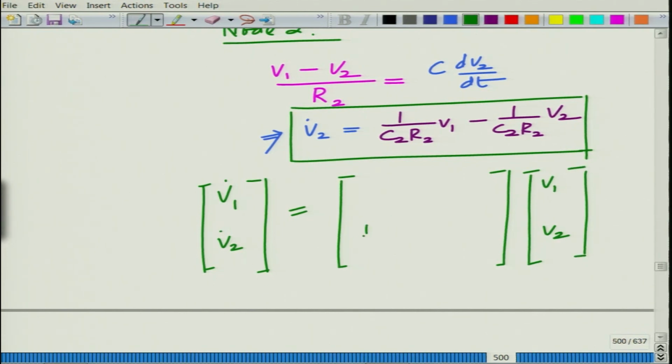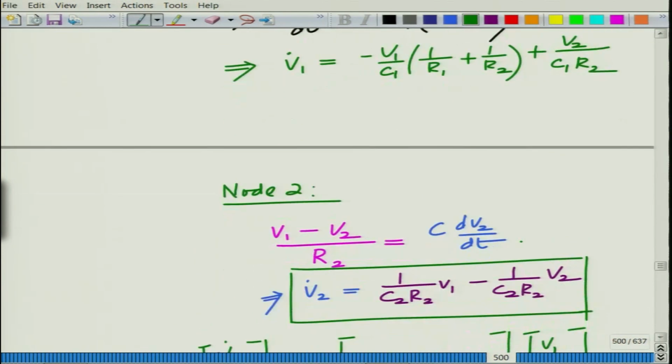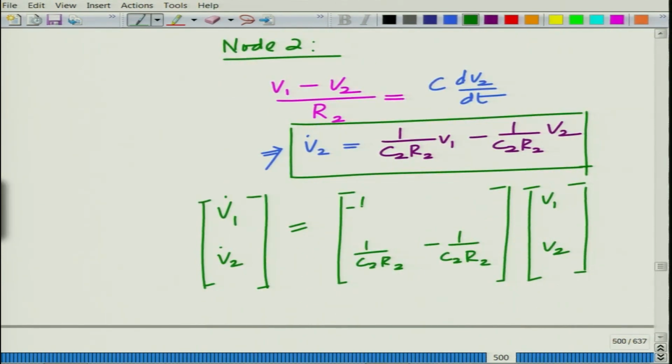The entries are 1 by C2 R2 and minus 1 by C2 R2 in the second row, and minus 1 by C1 times 1 by R1 plus 1 by R2, and 1 by C1 R2 in the first row.